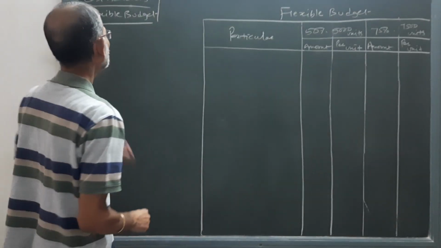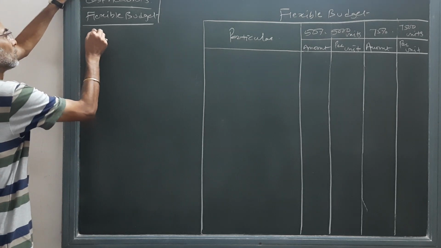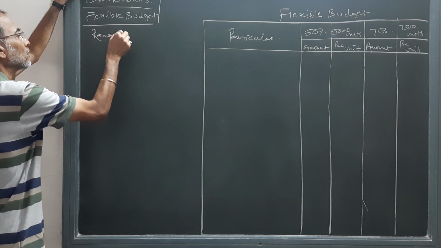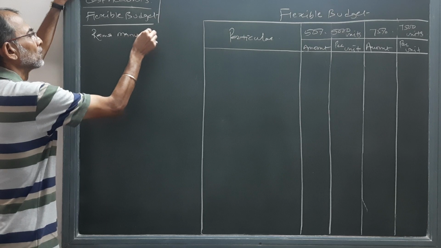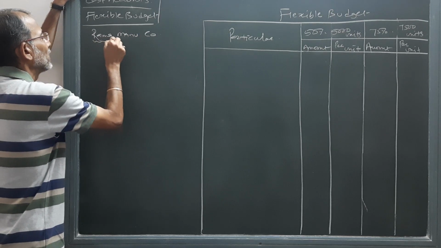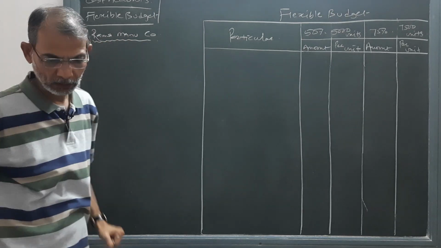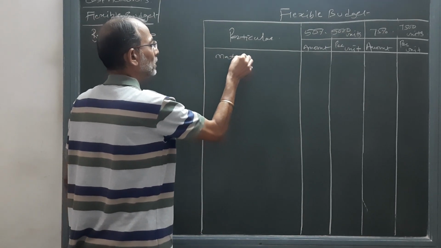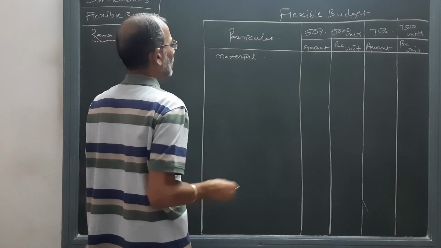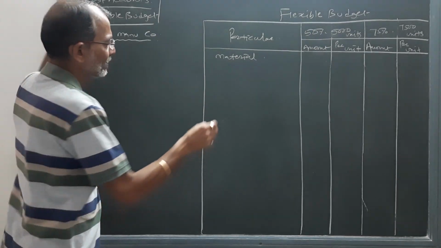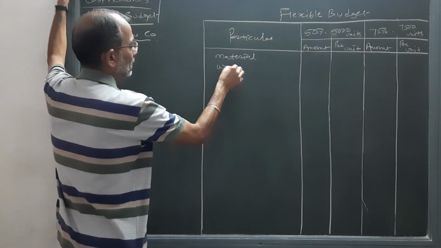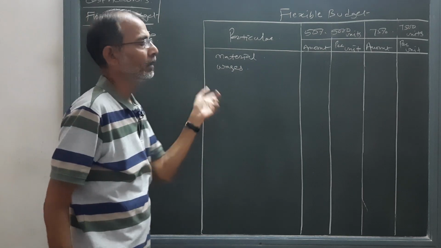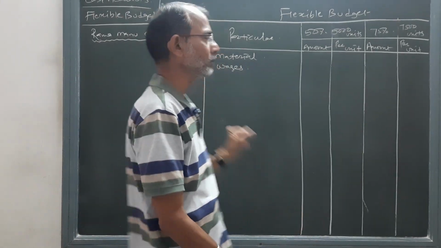First, this is Rama Manufacturing Company. First, we will need material, then wages, at each capacity.